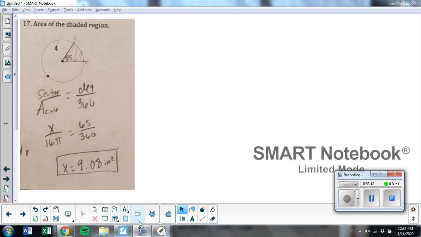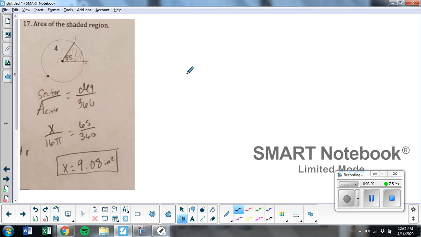So that can help me find the area of the circle, because area of the circle equals pi r squared. My radius was 4, and 4 squared is 16, so that's 16 pi, which is why I put 16 pi right here for the area. The degree is 65, that's from the picture, over 360.